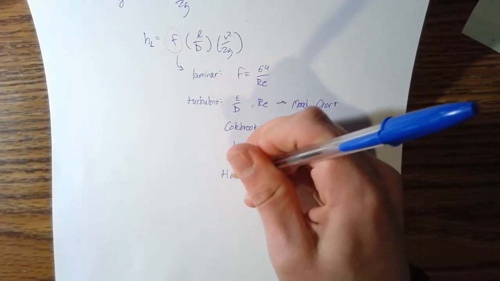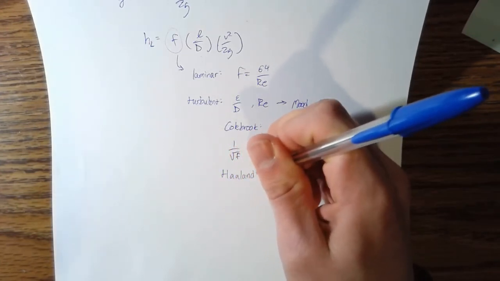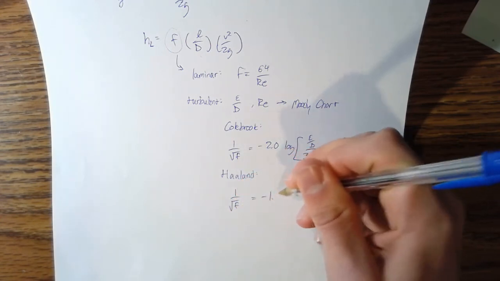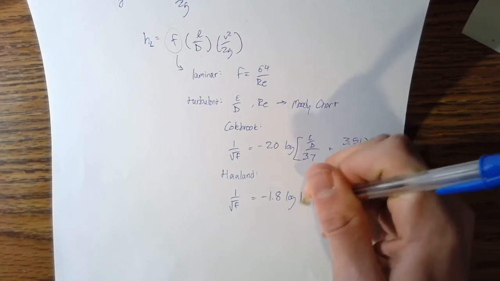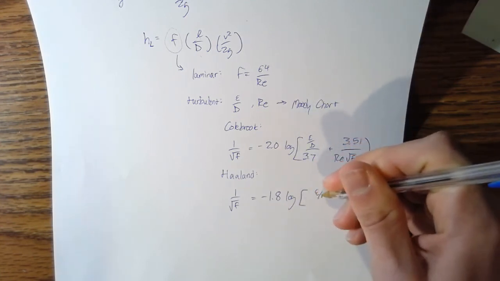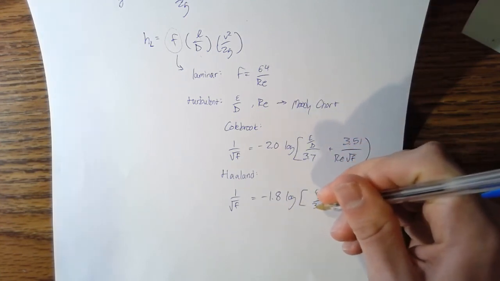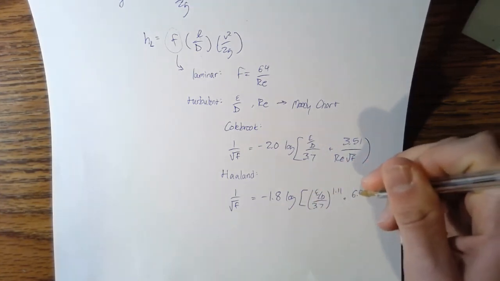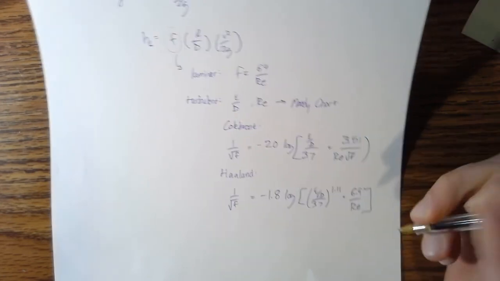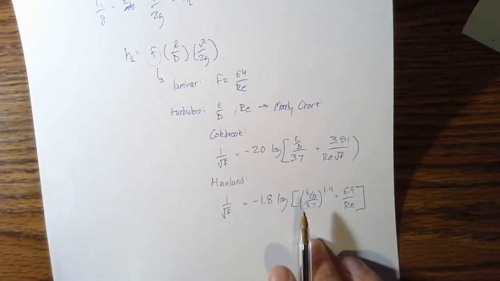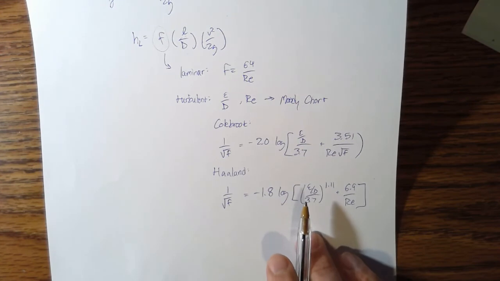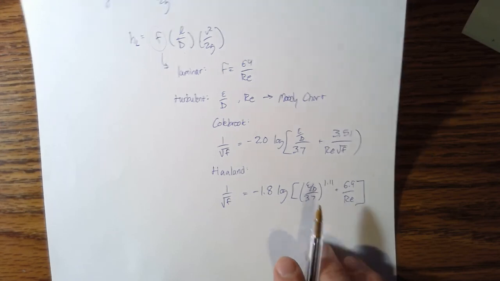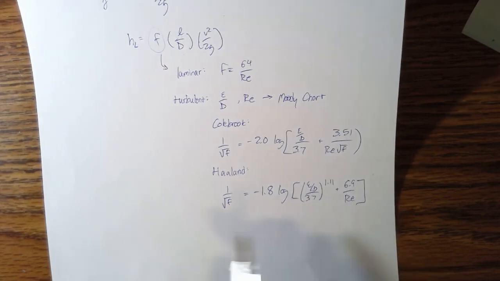Alternatively, you can use the Haaland equation, which is 1 over square root of f equals negative 1.8 log of, epsilon over D over 3.7, this term to the 1.11, plus 6.9 over your Reynolds number. Now, these aren't exact. They'll give you an accuracy within plus or minus 5% or so, so you can use them for the purposes that we have. So yeah, you can solve for f.